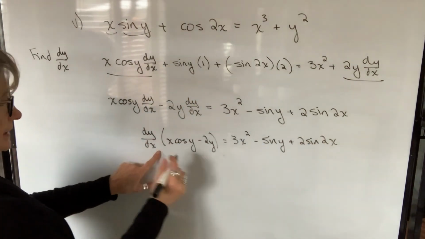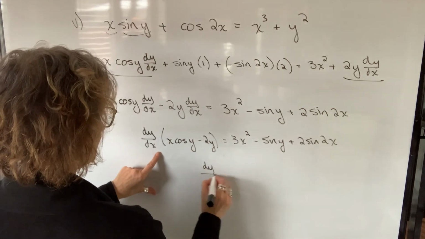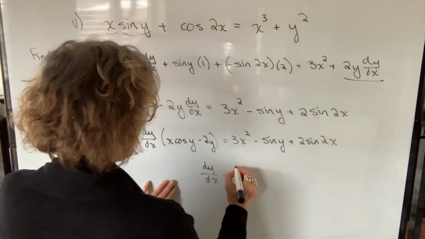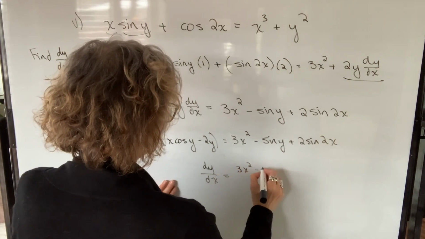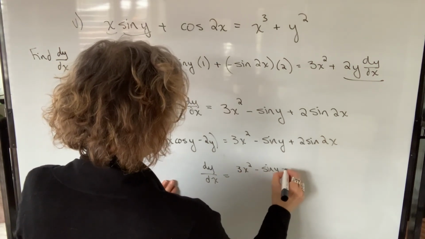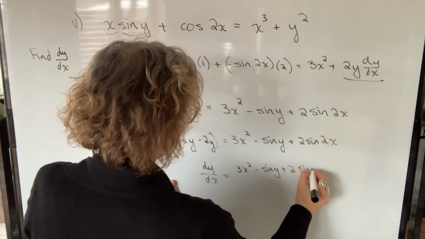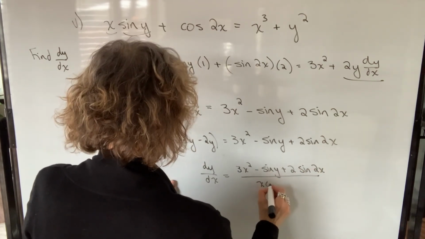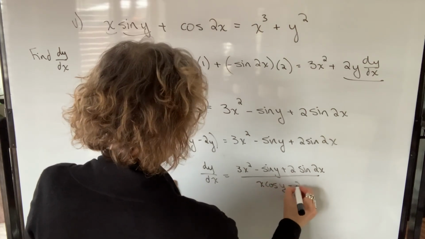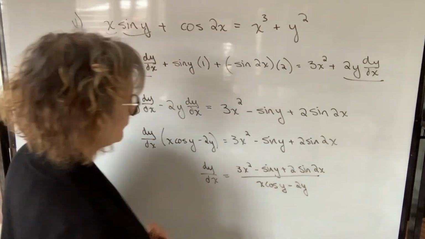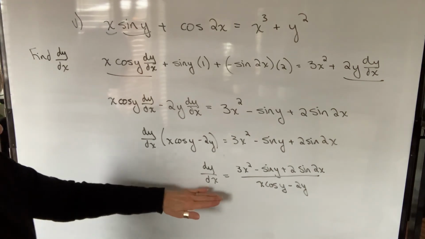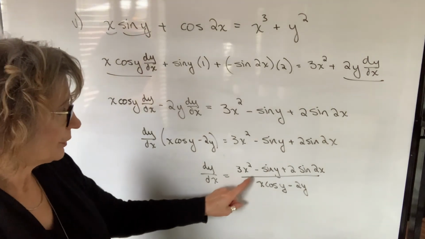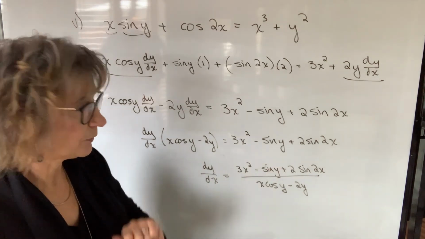Now I can isolate dy dx by dividing by this factor. And when I do that, this would be my result. So often when you're doing implicit differentiation, your derivative will be in terms of x and y.